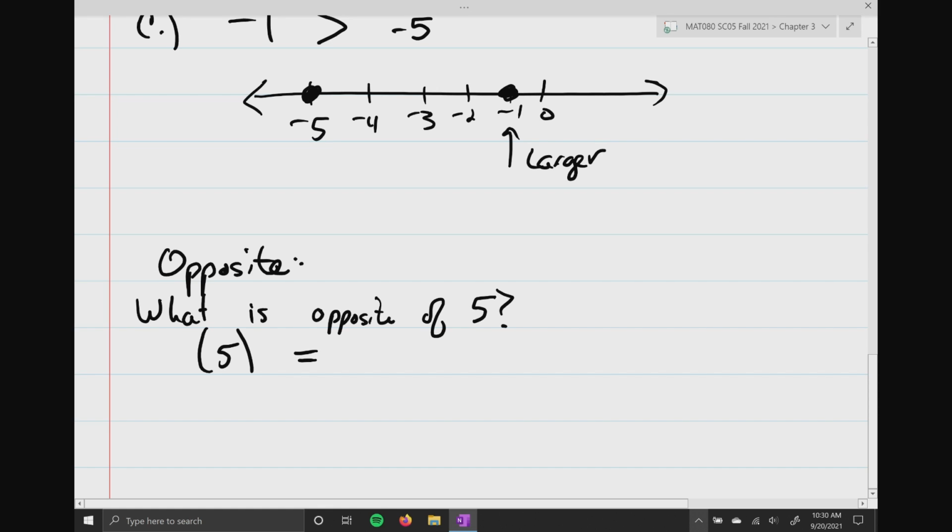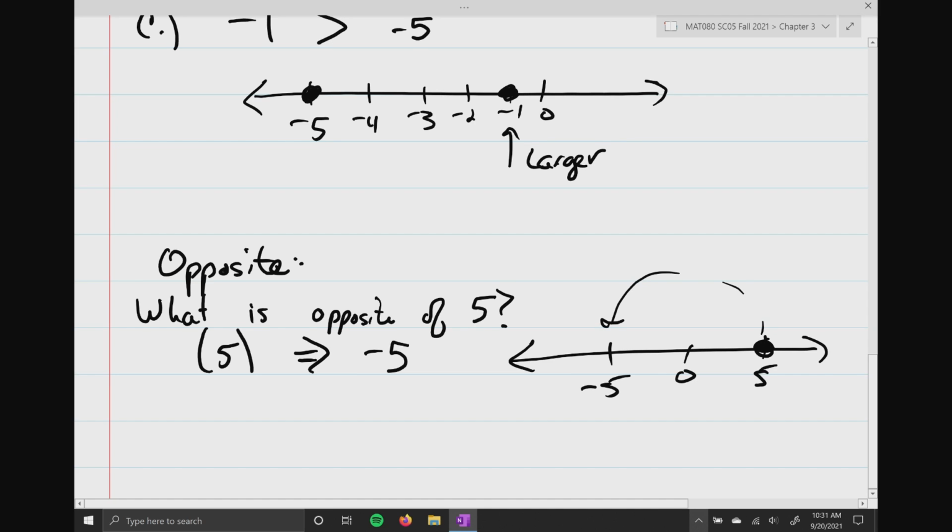What you would do is you would just write 5, draw like a little arrow, and just put -5. Because if you think about it, on a number line, if you plot 5, the opposite would be the same distance, just on the opposite side. So it's -5. And what I mean by the same distance, it's the distance away from 0.